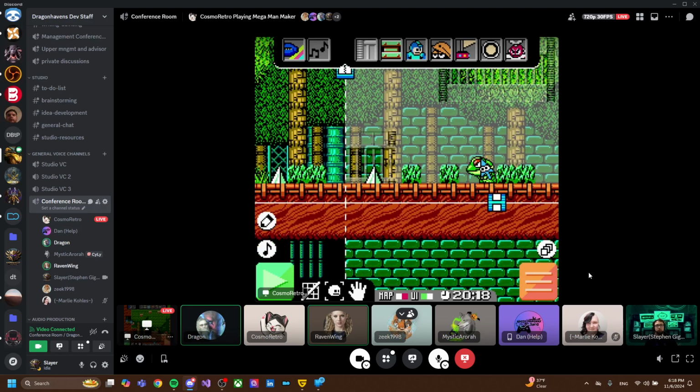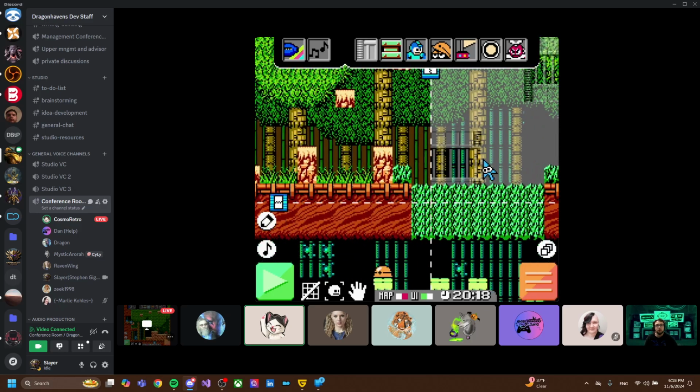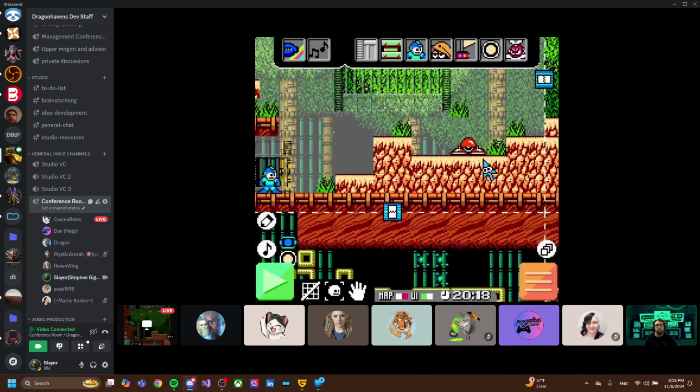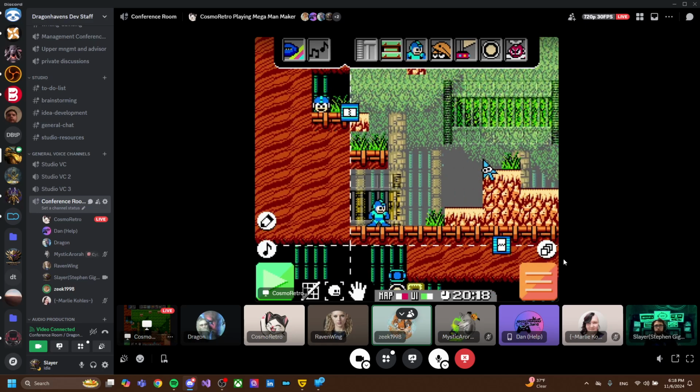Are we gonna have different exits similar to Super Mario World, where there's a few different exits the player can choose? I say for the levels that are not connected to the boss, yes. Okay, that's what you were saying. Gotcha.